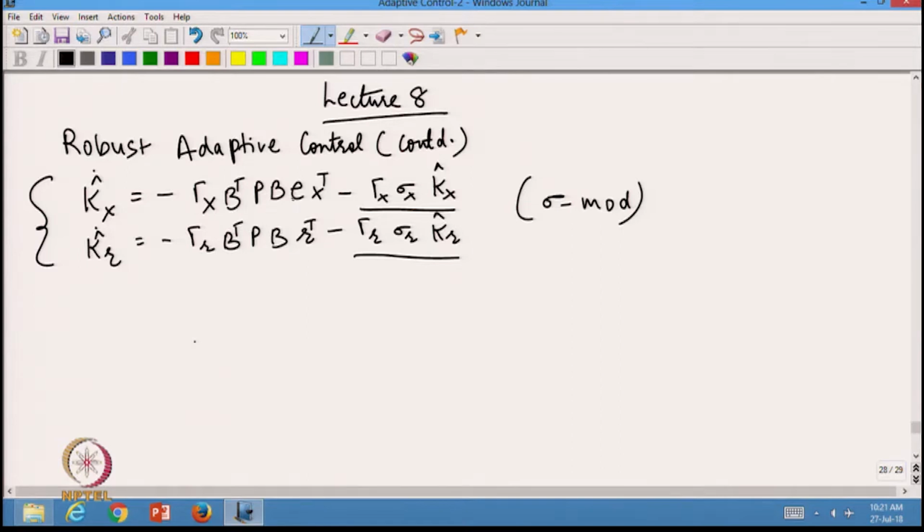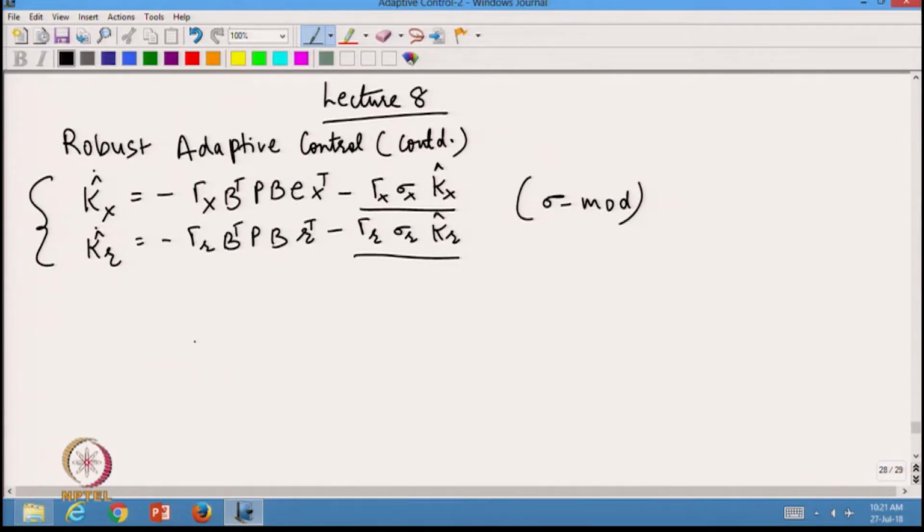So, when the tracking error E becomes very small, we see that the first term becomes very small, and k x hat dot is dictated by the second term, which is a sigma mod term. Okay. So, remember that sigma mod is added to ensure that the parameters stay bounded. So, its main role is to robustify the adaptive laws, whereas the first term is our main learning term, which is trying to learn the ideal value of k x hat.